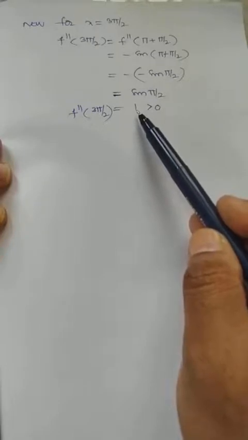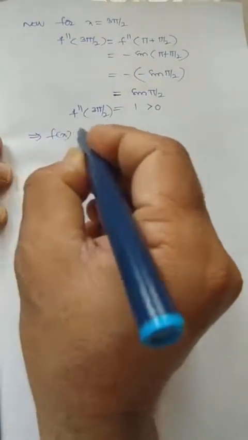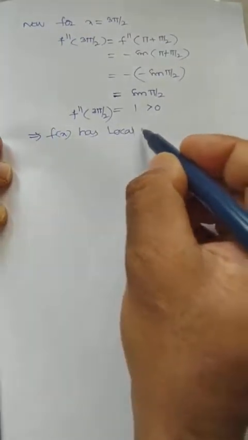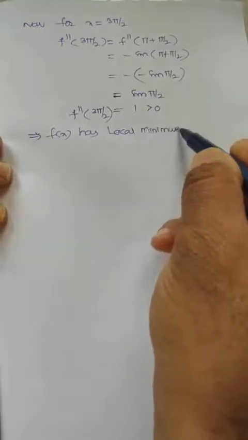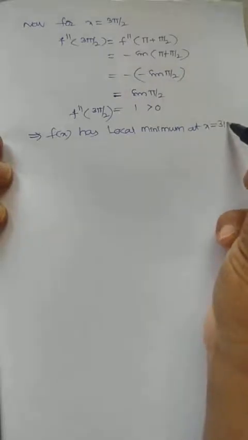So f double dash of 3 pi by 2 is greater than 0. Whenever f double dash of x is greater than 0, what conclusion can we make? f of x has a local minimum at x equals 3 pi by 2.